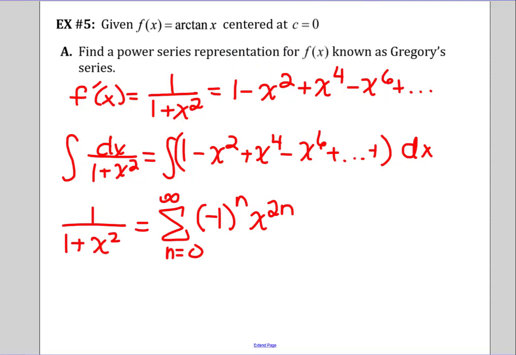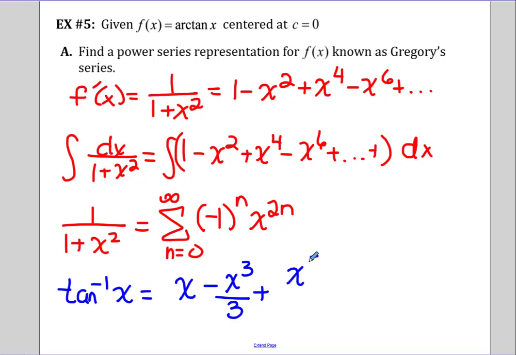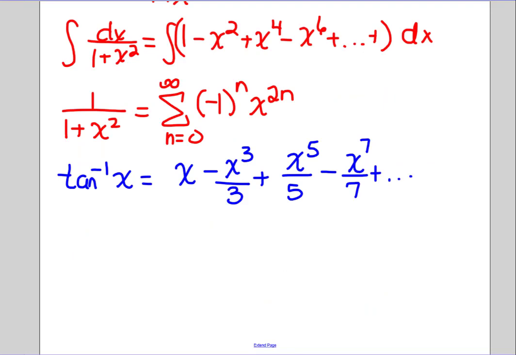So arctan of x is x minus x cubed over 3 plus x to the 5th over 5 minus x to the 7th over 7 when we take the antiderivative of this. And centered at 0, our plus c again would be 0.